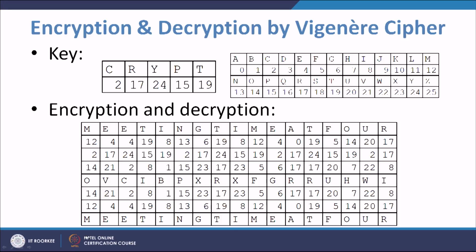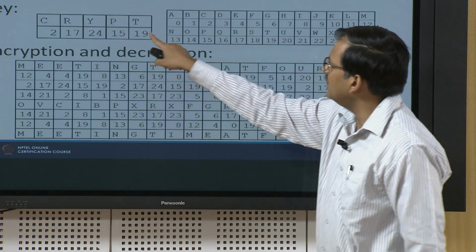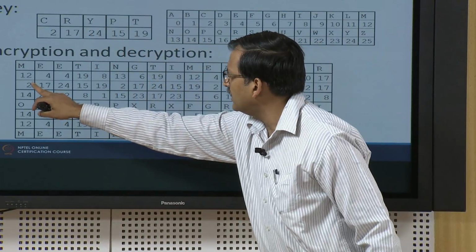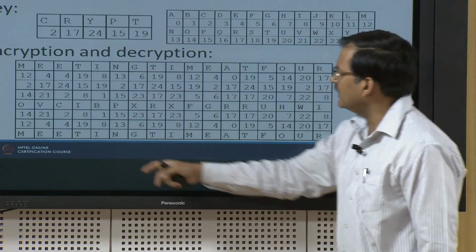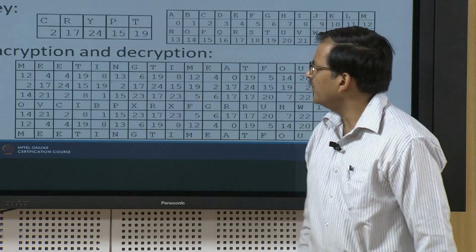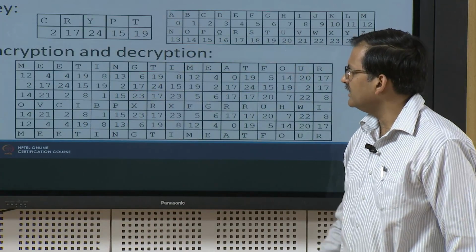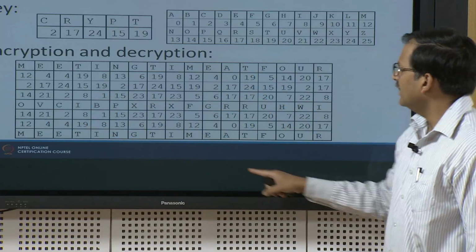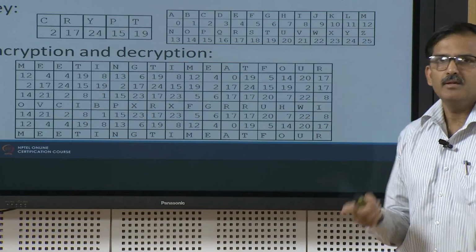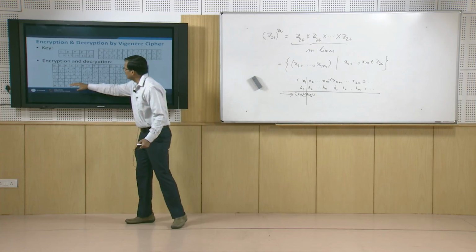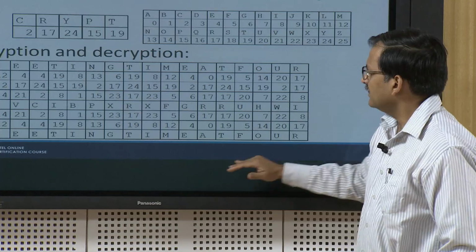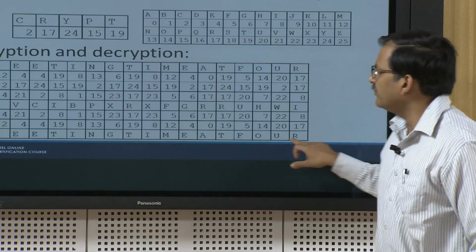First of all we encode that to elements of Z26, and then we put 2, 17, 24, 15, 19 over and over again, and compute addition modulo 26. Each time we get another segment, and we get a string of letters. If we do it the other way around, applying the decryption function, we get meeting at 4.